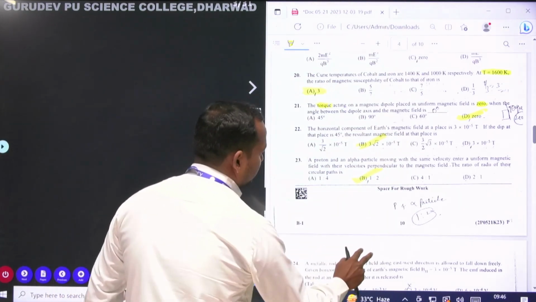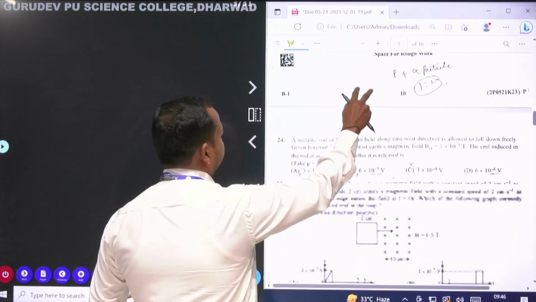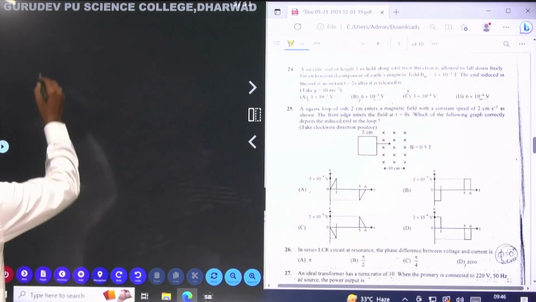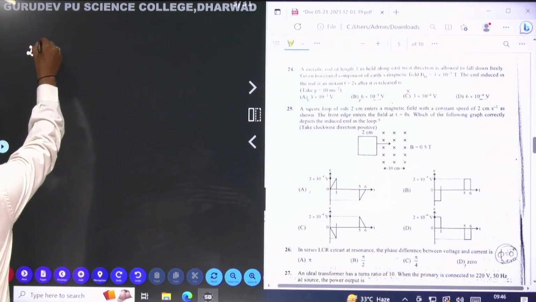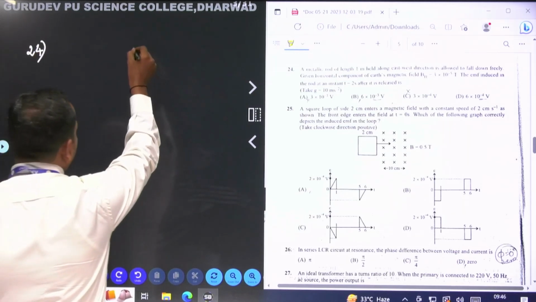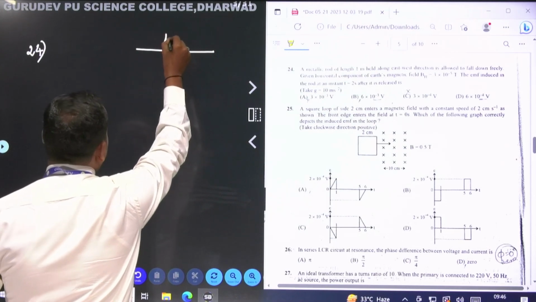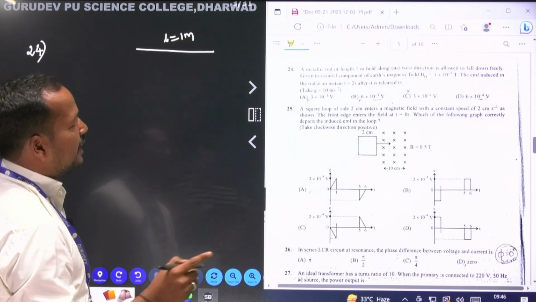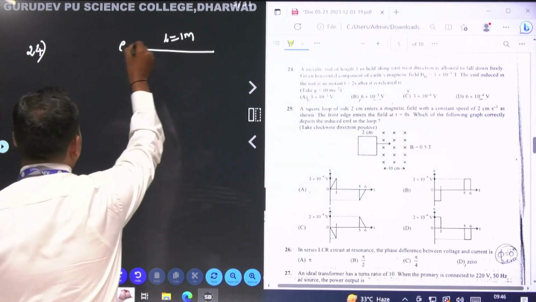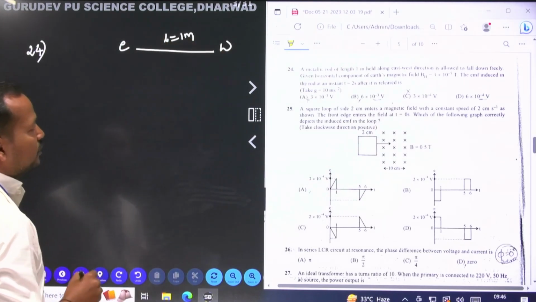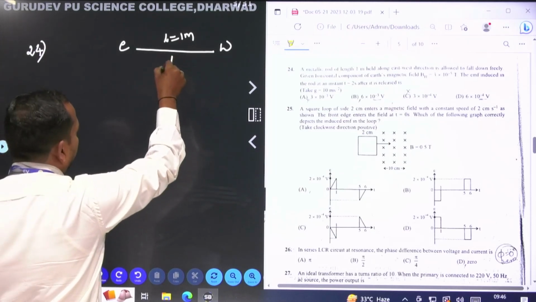Question number 24: a metallic rod of length 1 meter is held along the east-west direction. This is east, this is west. It is allowed to fall down freely.